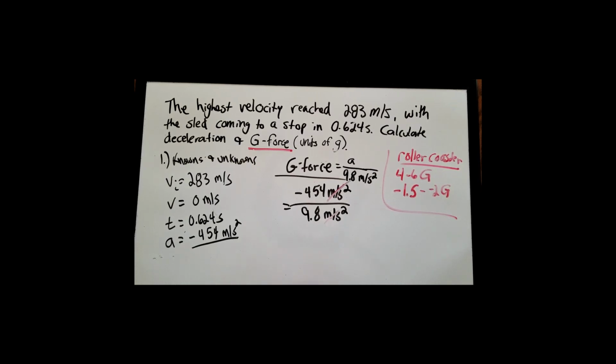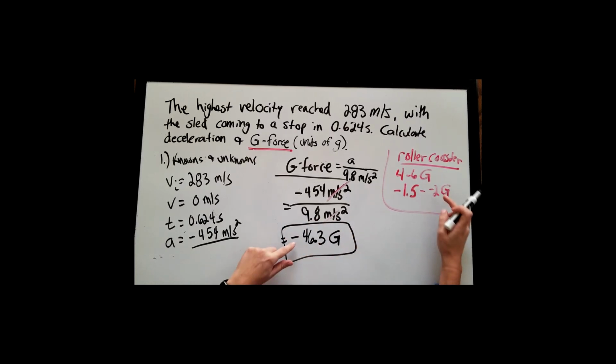So we have 454 divided by 9.8, so I'm going to get negative 46.3 units of G, or G's. So compare. I just went from single digits into double digits. This is a lot of force that was being applied, hence all of the injuries that Colonel J Stapp got during this experiment.